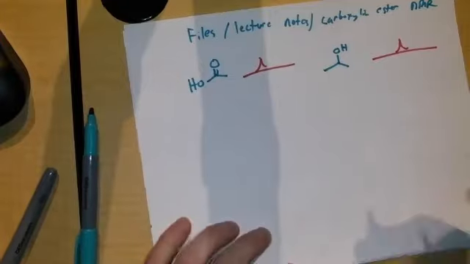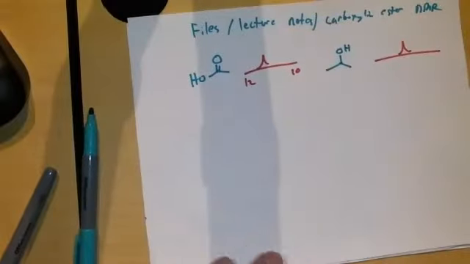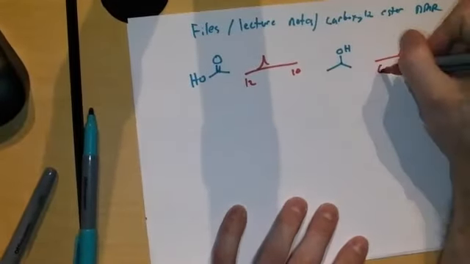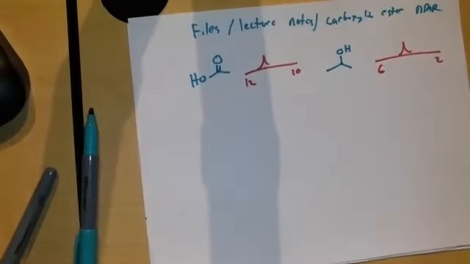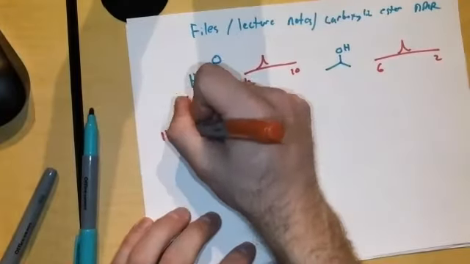If it's in the 10 to 12 range, it's going to be a carboxylic acid. If it's in like the 2 to 6 range, it's going to be an alcohol. So really far down to the left, you get one of these peaks that's going to give you a carboxylic acid. I think your book says 11 to 12. Sometimes it's a little bit less.